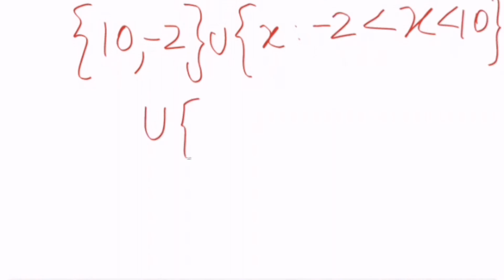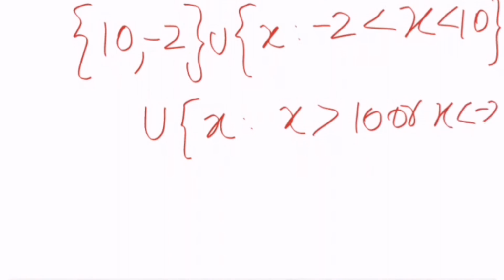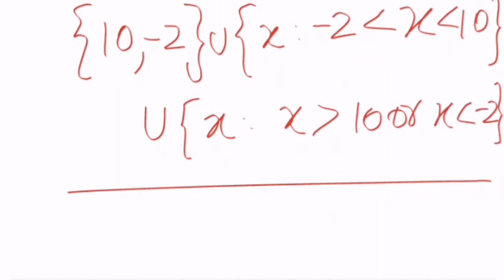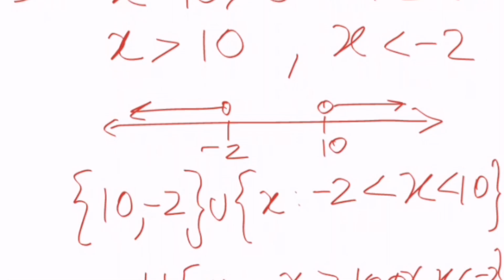Union another, what is it? X such that x is greater than 10 or x is less than minus 2. So these three subsets actually make the corresponding set of values which satisfy the inequality y greater than or equal to minus 20. So that's it, student. It has a few more parts, so let us continue our solution.